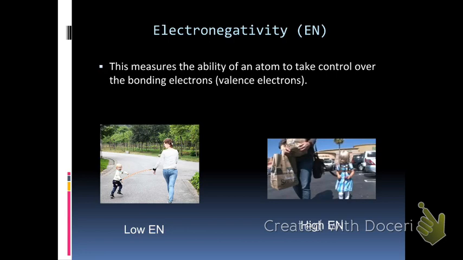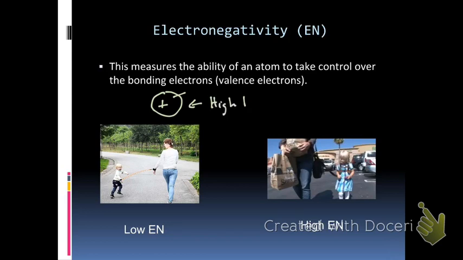So electronegativity also has to do with atomic radius. It's easier to control if it's smaller, right? If the kid is closer to the parent, or the electron is closer to the nucleus, you're going to have a high electronegativity.